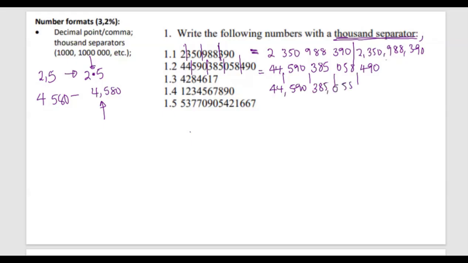All right. And this will lead us to how to write numbers. This is how it's supposed to be. So we look at question 1.3 here, 1,000 separators.